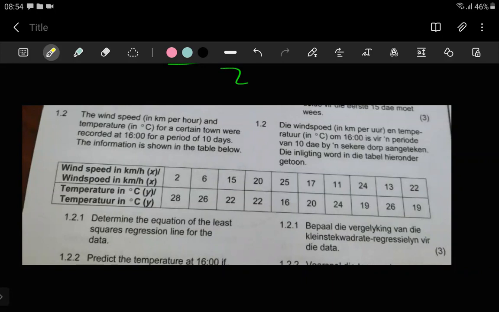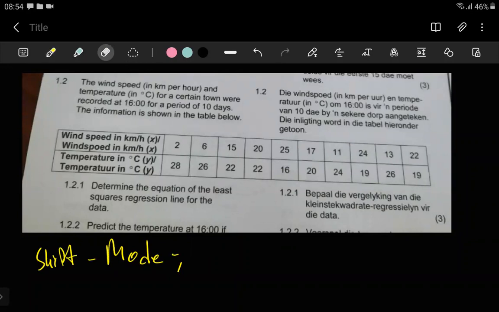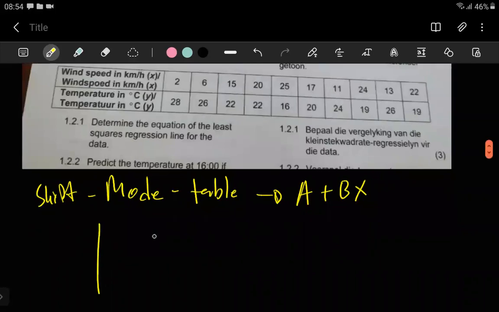So in terms of putting this data in the calculator, we need to go to mode, table. Is it shift mode? Yeah, I think it's shift mode and table, and then choose a plus bx.